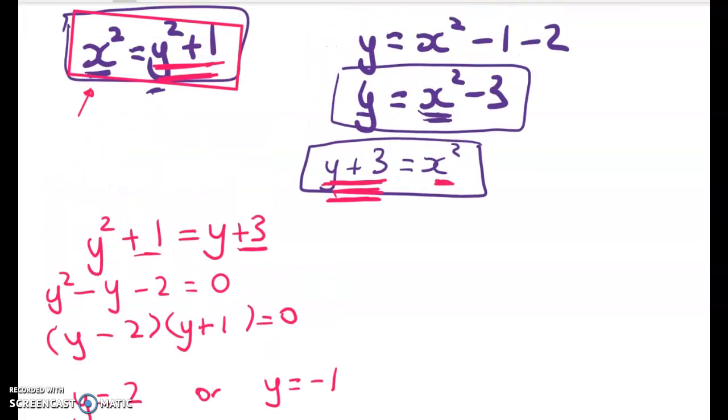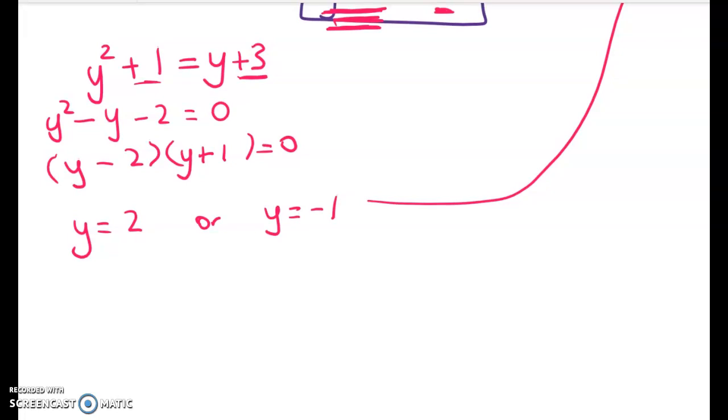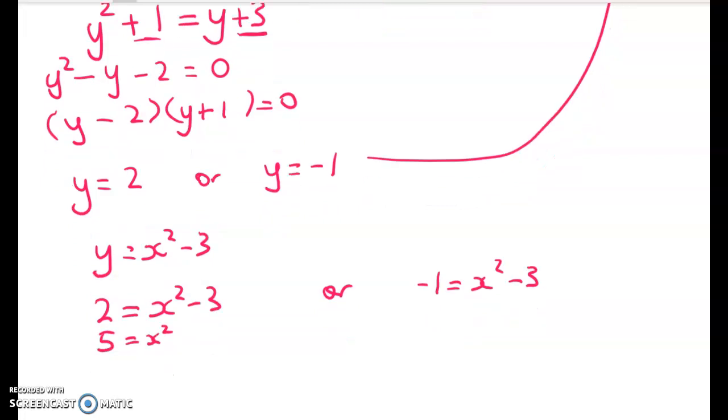Now I'm going to go back to either of those equations and find x. I did it using this one here, but it will work if you use this one here as well. So we know that y is equal to x squared minus 3. So we're solving 2 is equal to x squared minus 3, or negative 1 is equal to x squared minus 3. 5 is equal to x squared.